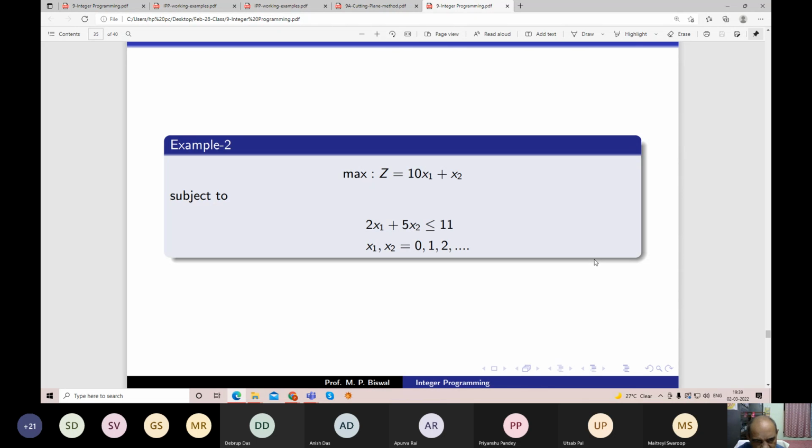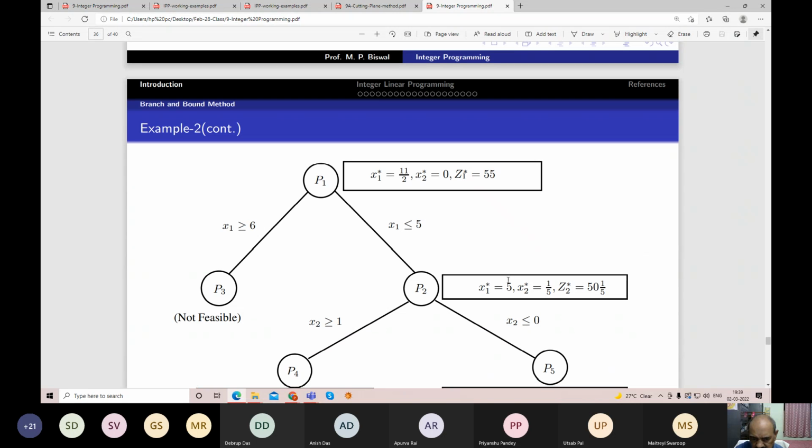But are the solutions integer or non-integer? Non-integer: x1 equal to 11 by 2, x2 equal to 0, and z1 is 55.